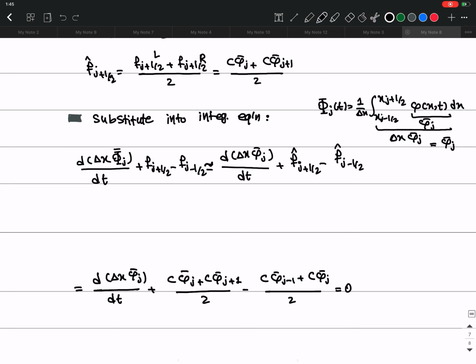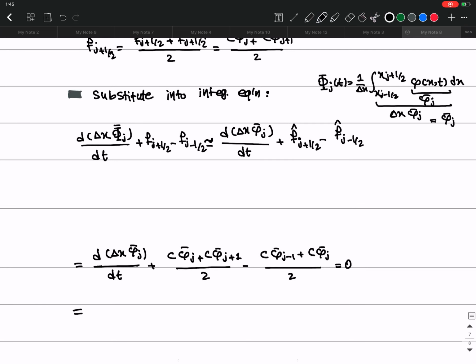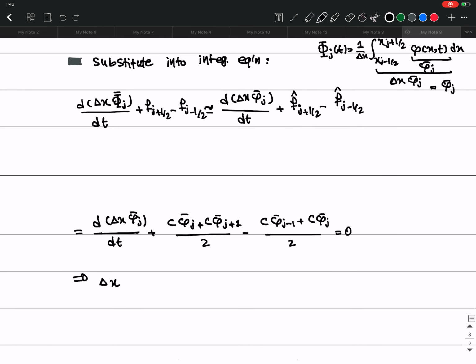Okay, and so I want to further simplify this. So this is going to give me delta x d phi bar j over dt, because delta x is constant, plus c.